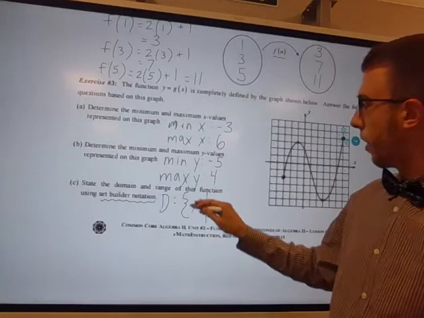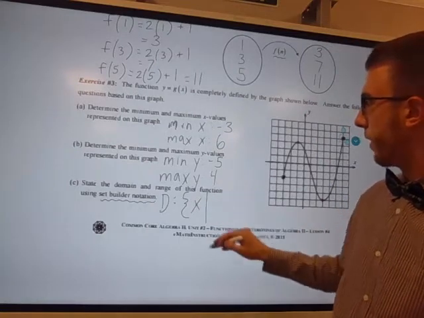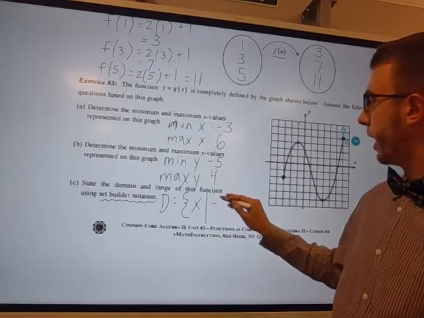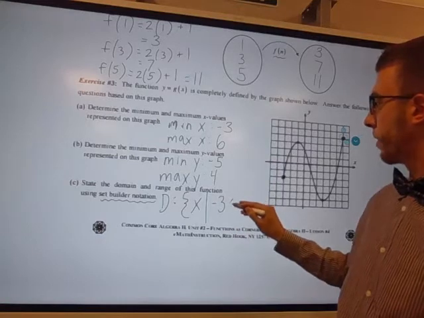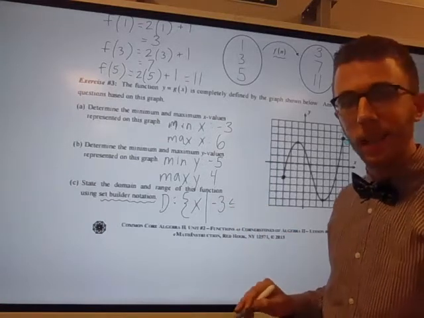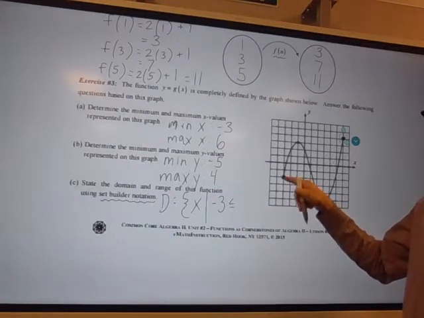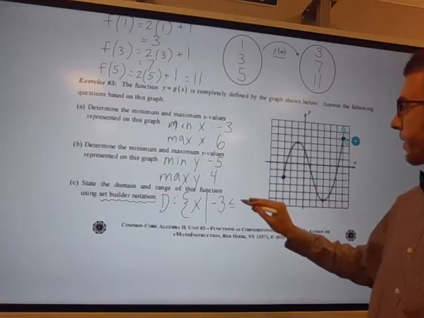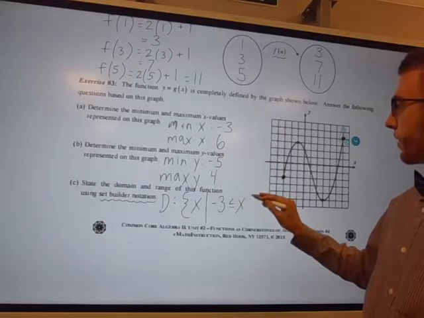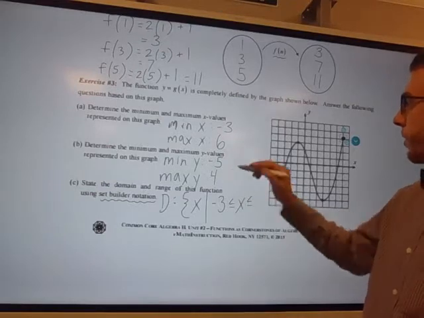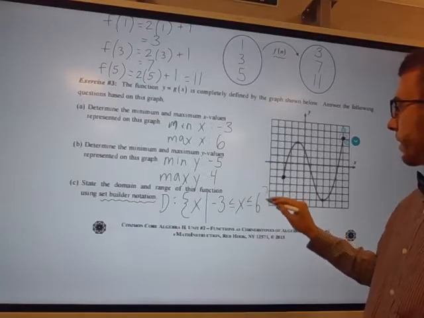This is just saying all the x's are such that -3 is the lowest, which you can also write as less than or equal to, because it can be equal to that point. So it's -3 is less than or equal to x, which is less than or equal to 6.